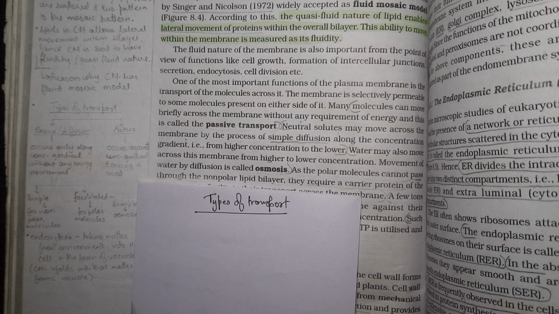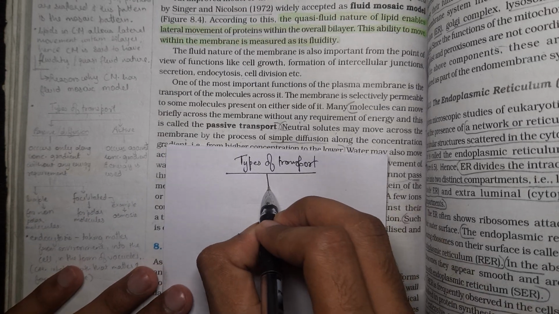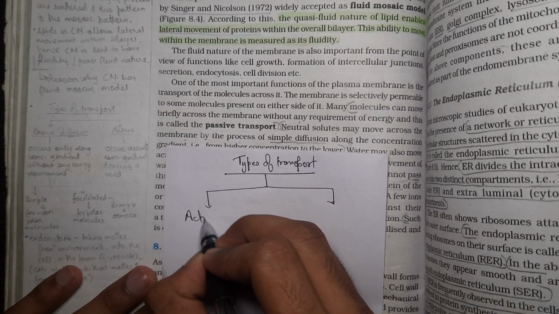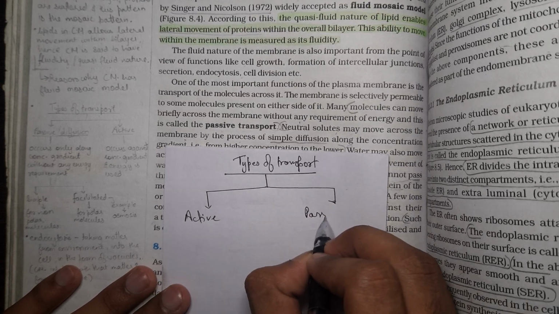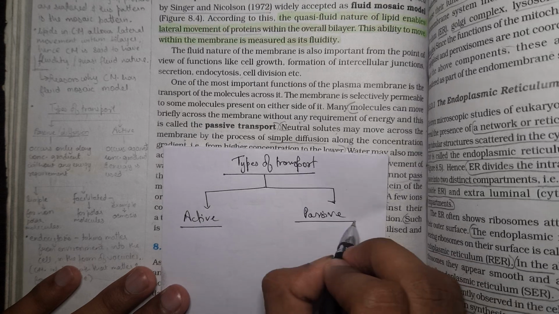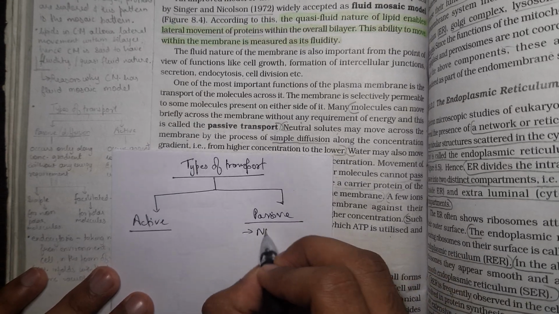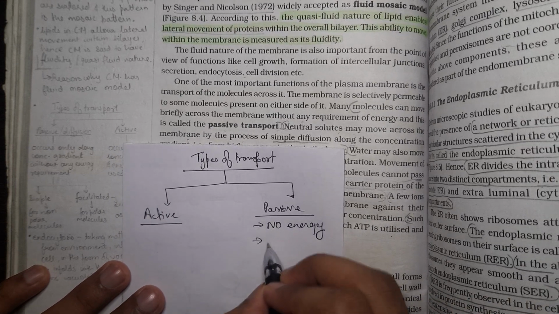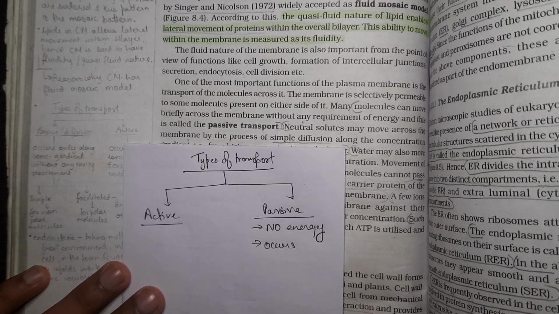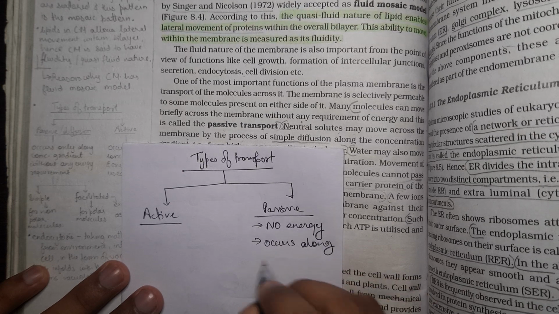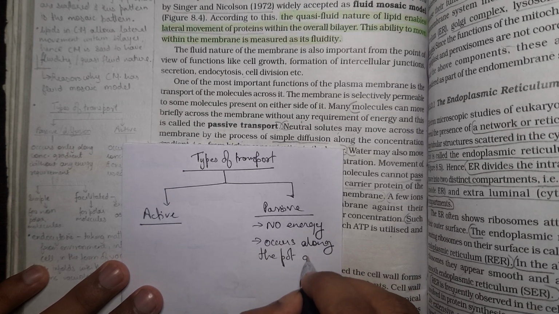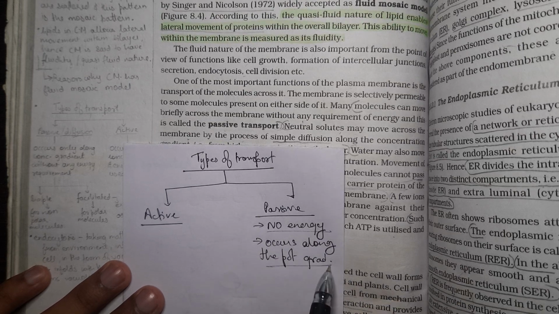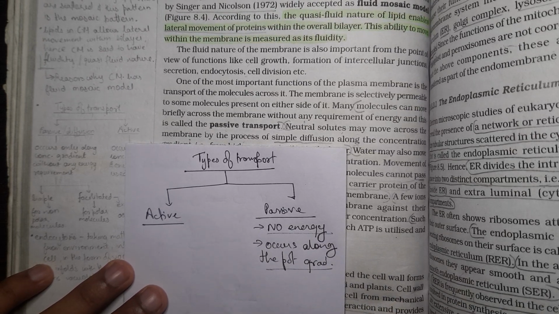Types of transport across the cell membrane. First you can divide it into active and passive. Passive does not require any energy, and it occurs along the potential gradient.